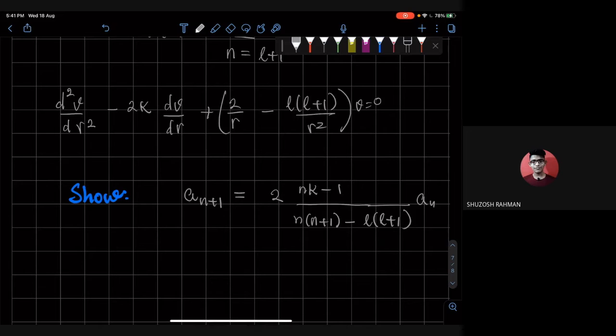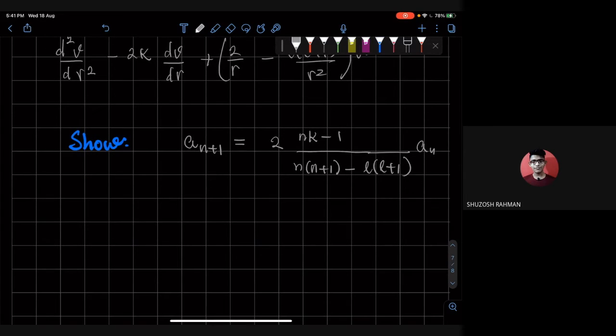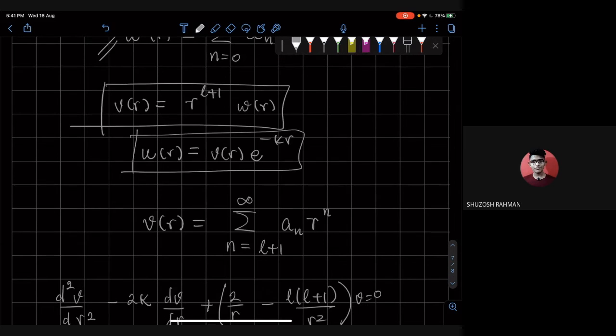So once we have a recursion relationship, what do we want to do? We want to understand the asymptotic behavior, right? We want to understand what kind of solution we get for large values of r. Of course, for large values of r, the terms that are going to dominate are the terms with large values of n, right?